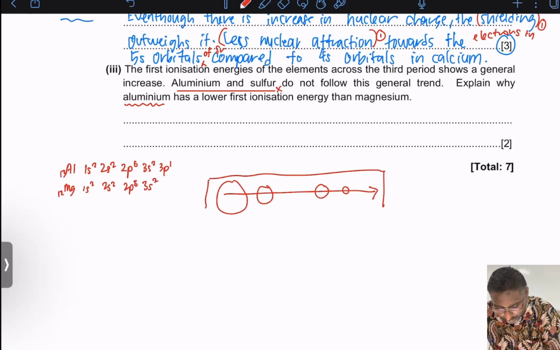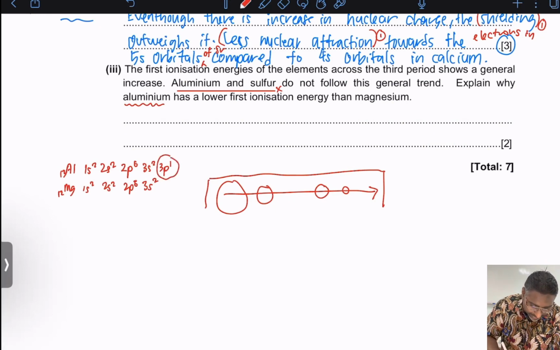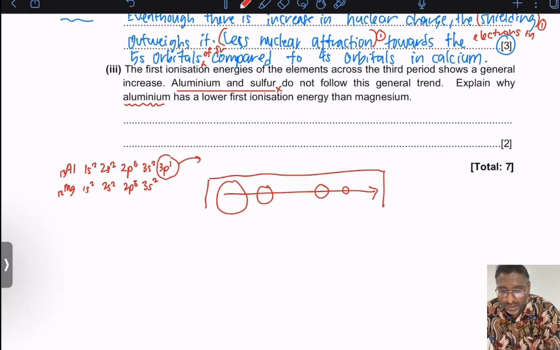So they are telling us aluminium has lower. Why lower? Because the first ionization energy deals with removing the electron from 3p1. Let's plan our answer. The first ionization energy involves removing the electron from the 3p1 orbital, the 3p subshell.